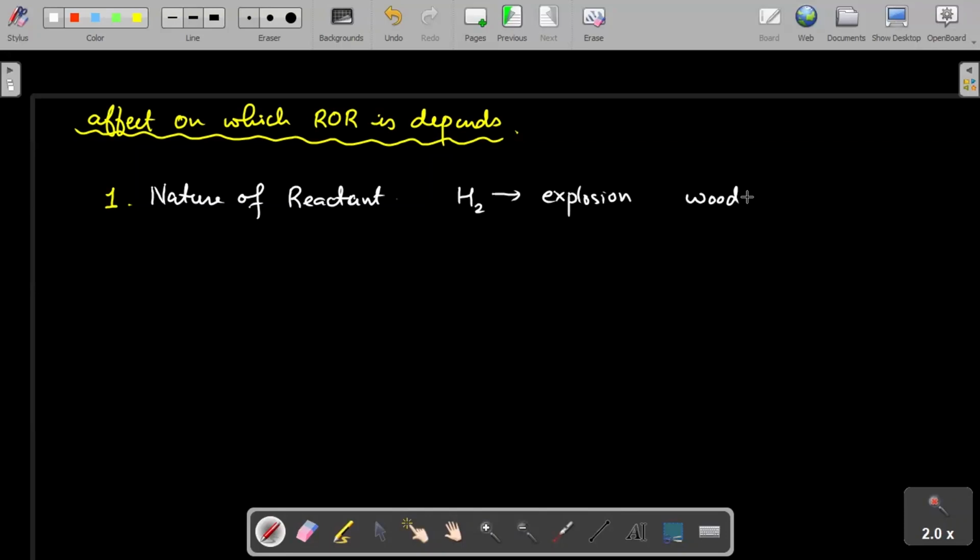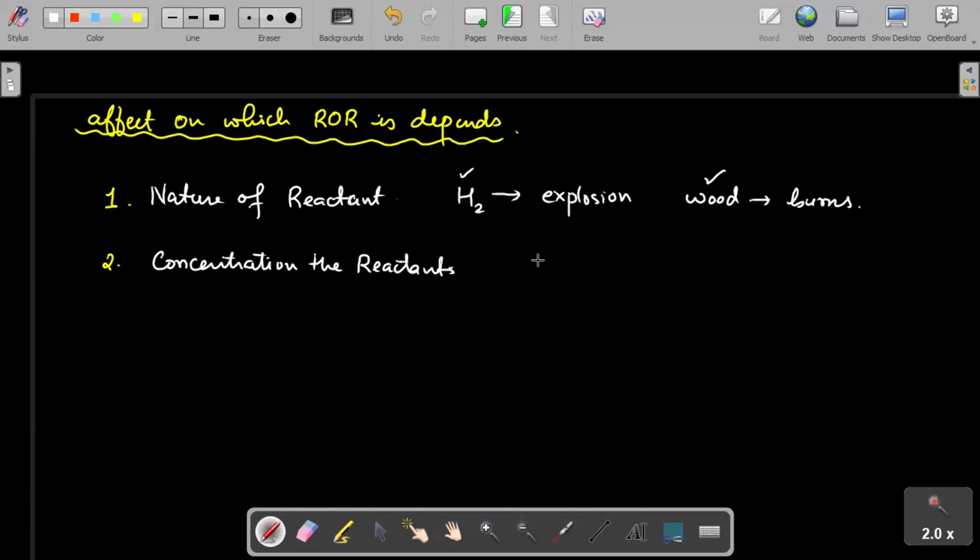The wood doesn't explode, but it burns slowly. So you can see that the speed depends on the nature of the substance which we are using. Number 2 point: the concentration of the reactants.